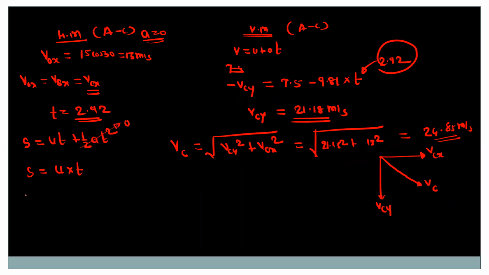So S is nothing but the range R. Velocity is equal to 13, and time is 2.92. So this is equal to 38.01 meter. Okay, so this is your final answer.